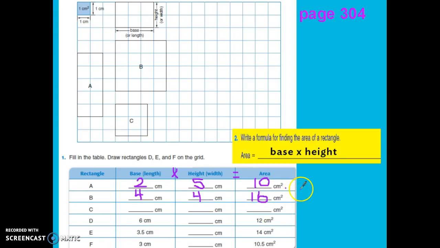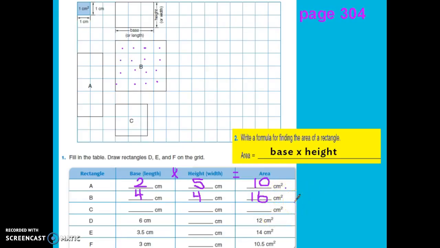Now, we talked about the fact that area is the amount of space inside a closed figure. If I were to count up all of these whole squares in here, I would get 16. 1, 2, 3, 4, 5, 6, 7, 8, 9, 10, 11, 12, 13, 14, 15, 16. Okay, and so that's how I get that area.